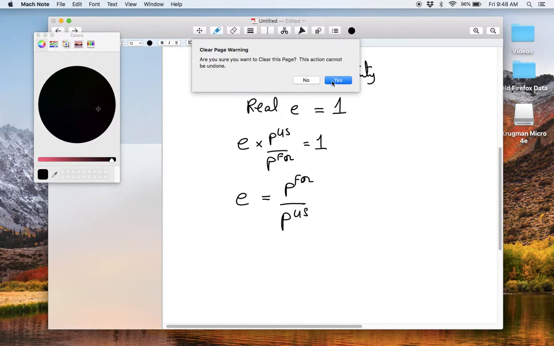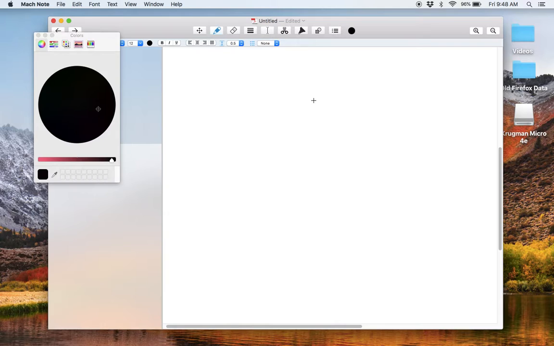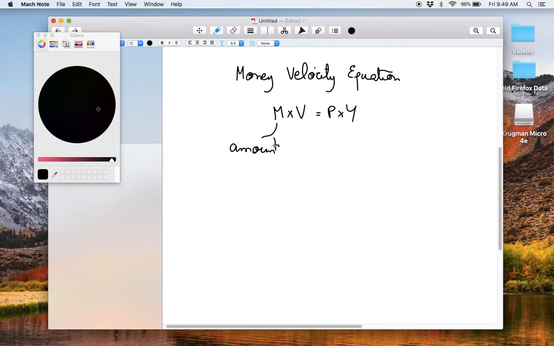Something I forgot to mention when we were talking about money: the money velocity equation. MV equals PY. M is the amount of money in circulation, V is velocity, P is the price level, and Y is real GDP.